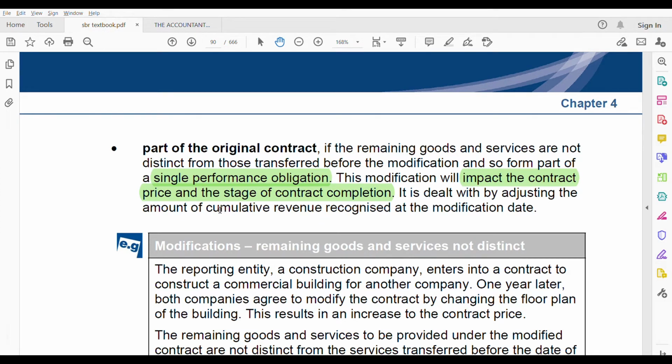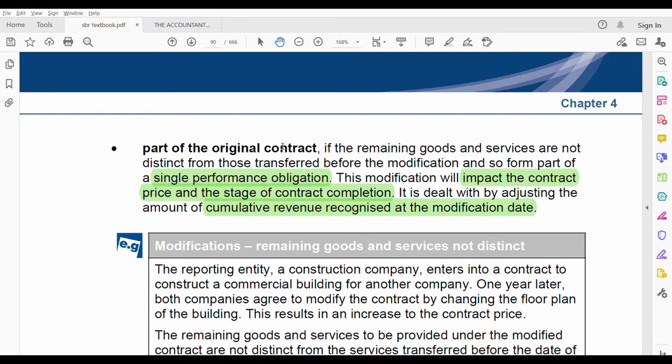You adjust whatever revenue you have calculated and recognized at the modification date. You have to adjust it because it is now a part of the original contract. That means even though it is modified, no new contract is there. It is a part of the original contract only.